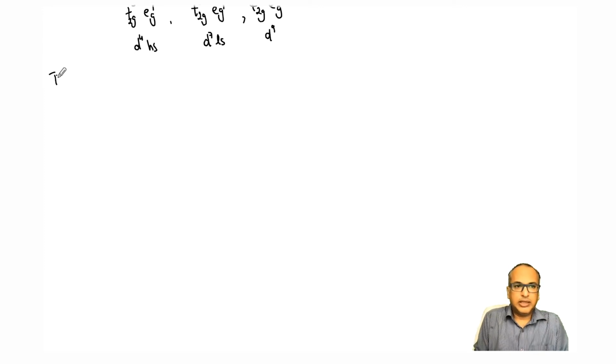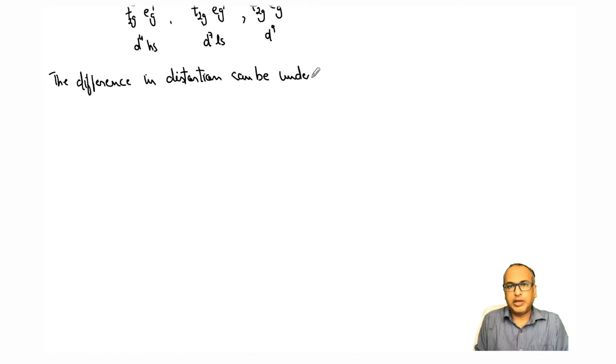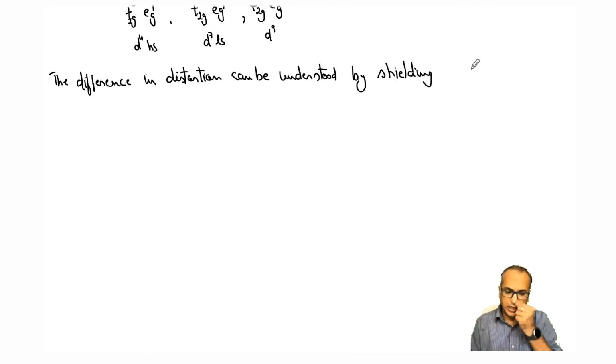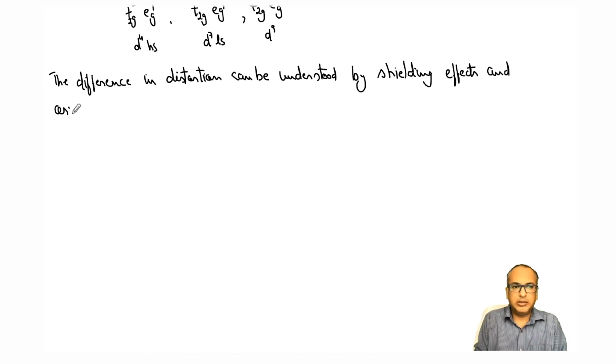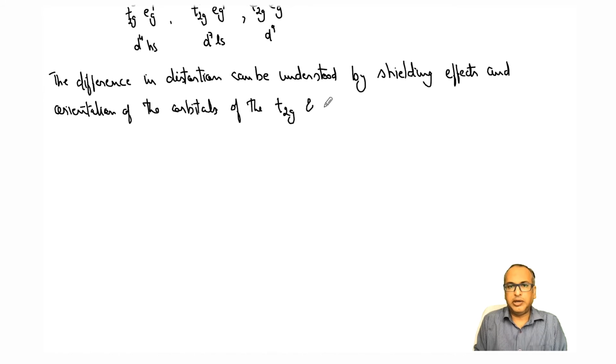The difference in distortion can be understood by shielding effects and the orientation of the orbitals of the T2G and EG set.